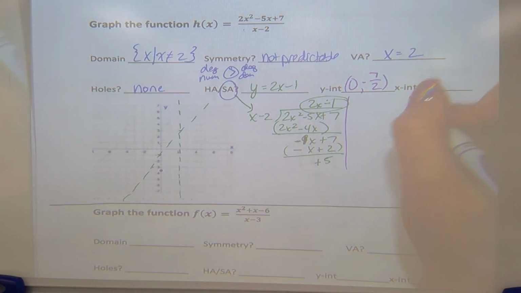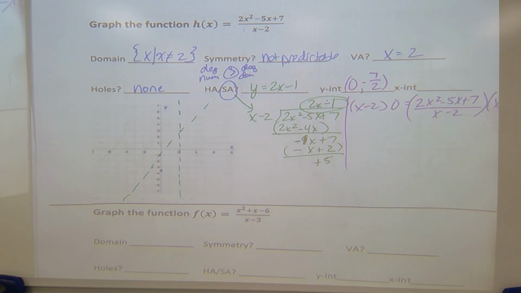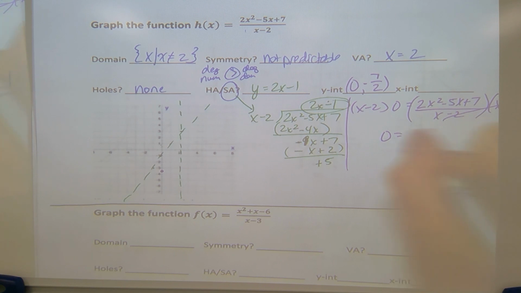If y equals 0, I've got 2x squared minus 5x plus 7 over x minus 2. I multiply both sides by that denominator to cancel it out. That cancels and leaves me with 0 equals... Oh, that is factorable.